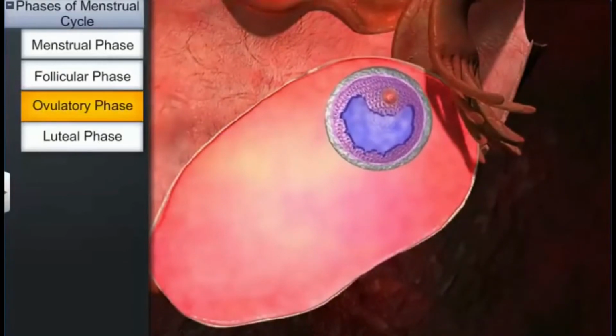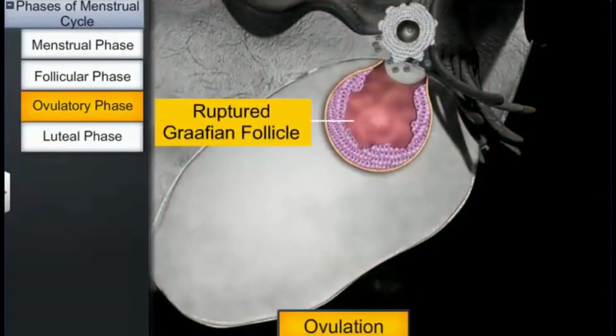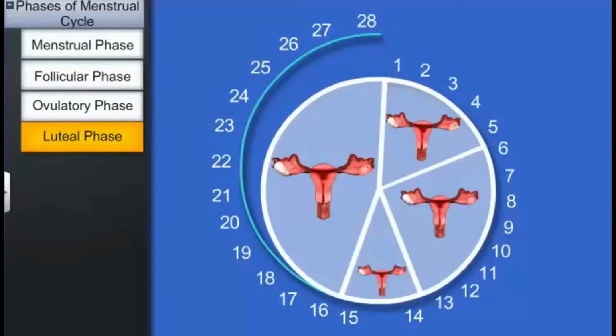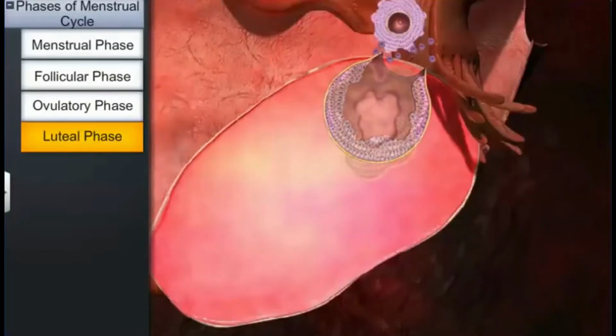During this phase, the Graafian follicle ruptures to release an ovum or egg into the pelvic cavity in a process called ovulation. The ovulatory phase is succeeded by the luteal or secretory phase, the last phase of the menstrual cycle, which occurs between day 16 and 28 of the menstrual cycle.